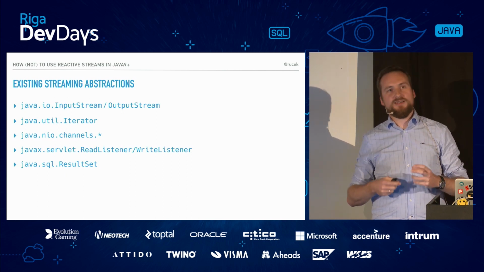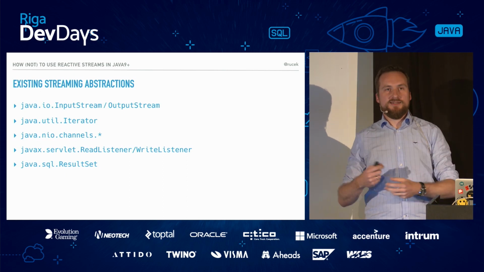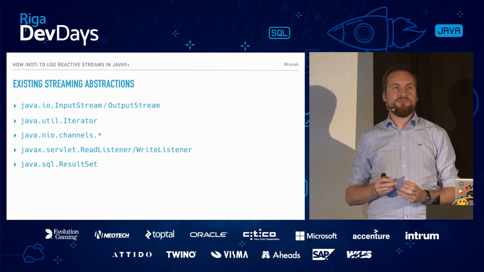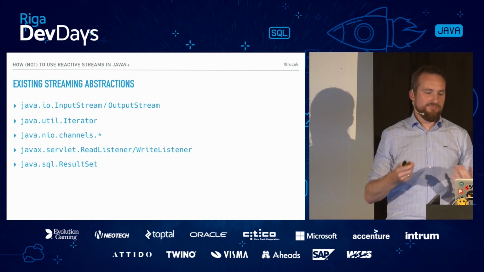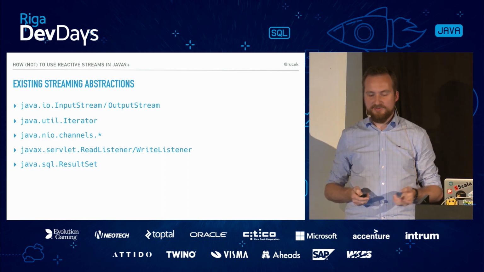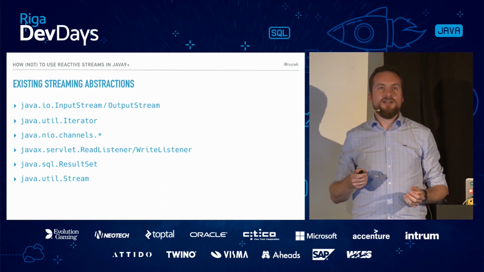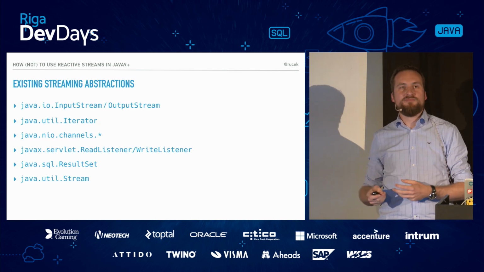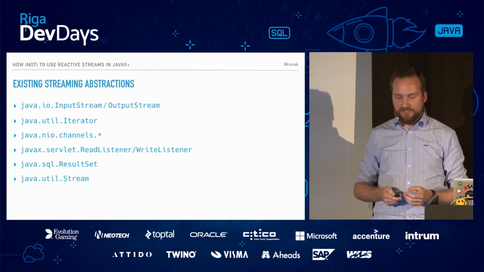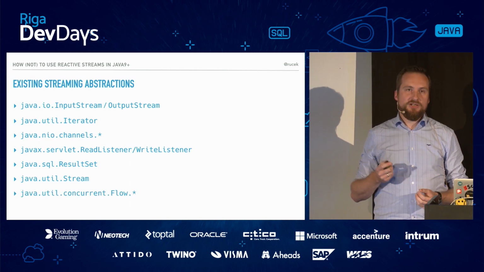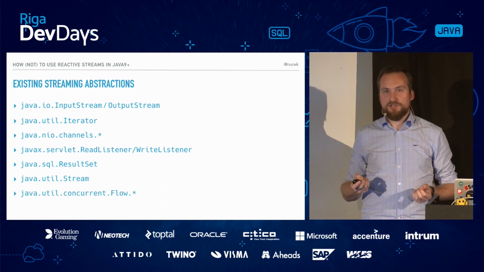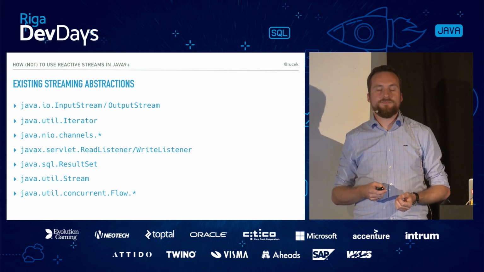So this is also a kind of streaming behavior, because once again you don't send everything at once, but react to demand somehow. Of course, starting from Java 8, we have the Streams API, which is not reactive, but exposes streaming behavior. And finally, we have the java.util.concurrent.Flow interfaces starting from Java 9.